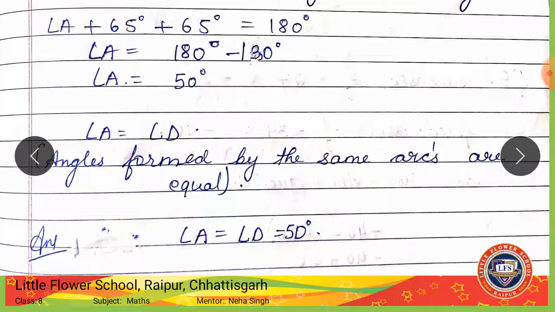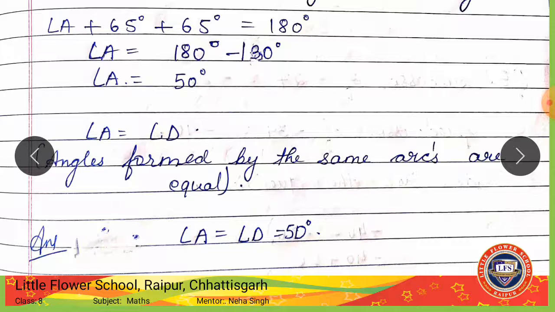So angle A plus 65 plus 65 will be 180. So A will be 180 minus 130, which is 50. So the value of angle A will be 50 degrees, right?